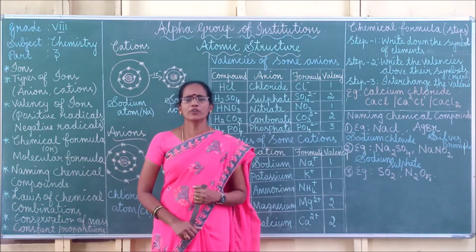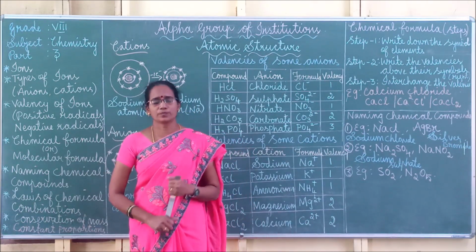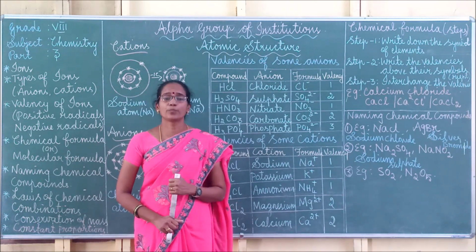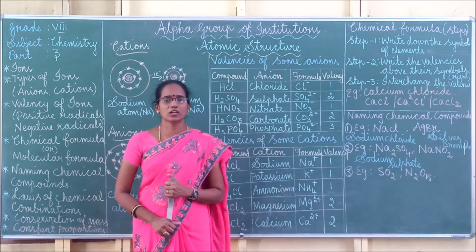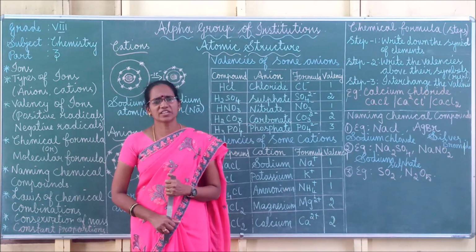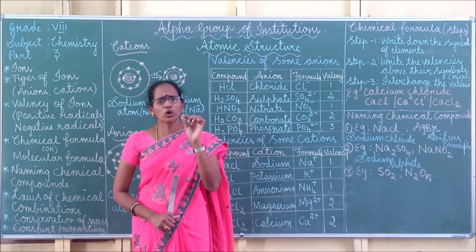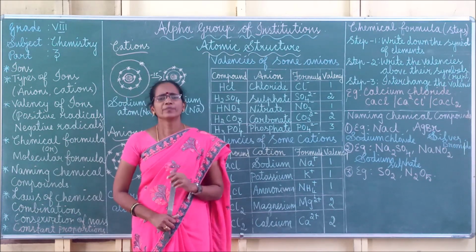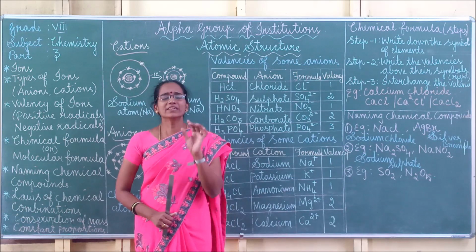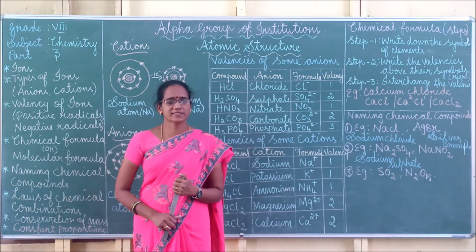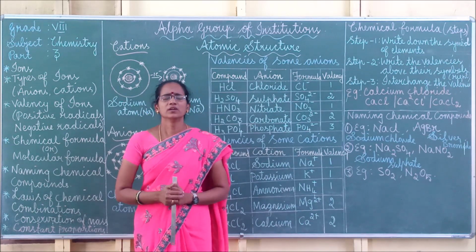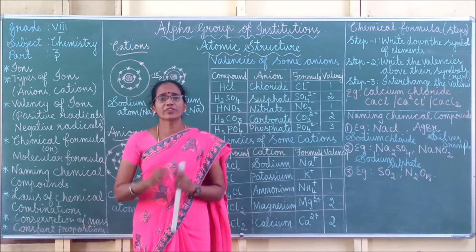The law of constant proportion was proposed by Joseph Proust. Proust proposed this law of constant proportion. This law states that in a pure chemical compound, the elements are always present in fixed proportions by mass. For example, you know very well, we get water from different sources.